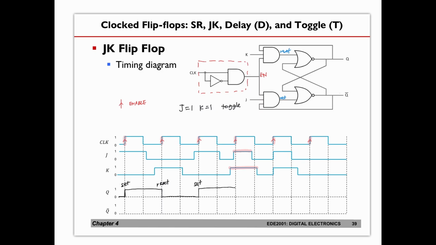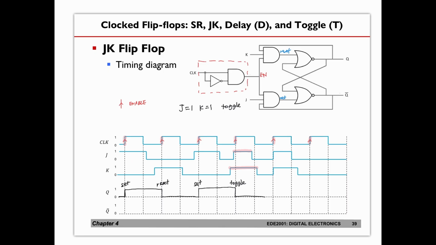Because Q was at a state of 1 previously, at the moment when clock goes from low to high and J is 1, K is 1, the output will change state, from 1 to 0 or 0 to 1. Because Q is a 1, it will change to a 0. And what mode is this called? This is the toggle mode.